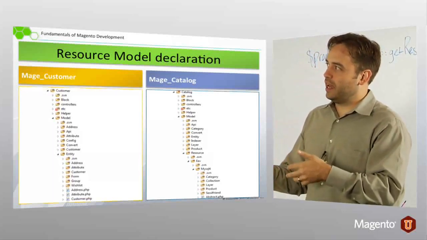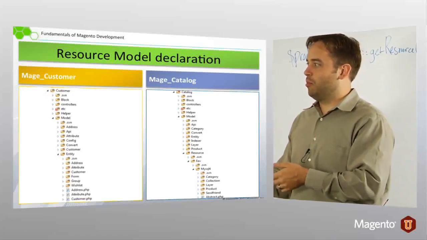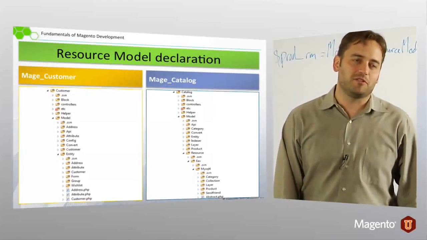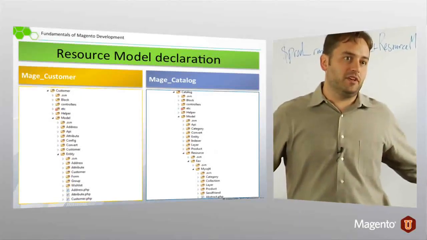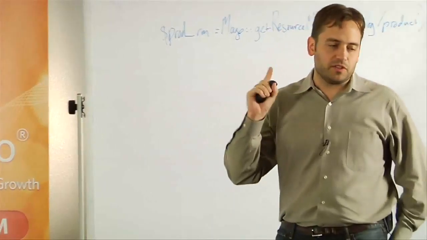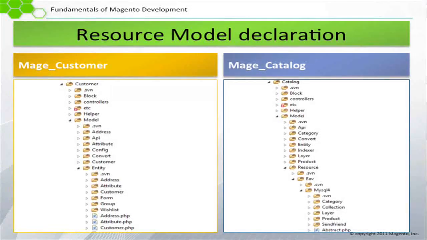And for catalog, it's Mage catalog model resource EAV MySQL 4. A little cumbersome. Just a different naming convention. Okay. That was confusing for me at first. I assumed there must be some other magic machinery around that, and that's why we had to have this different structure here. It's not the case.